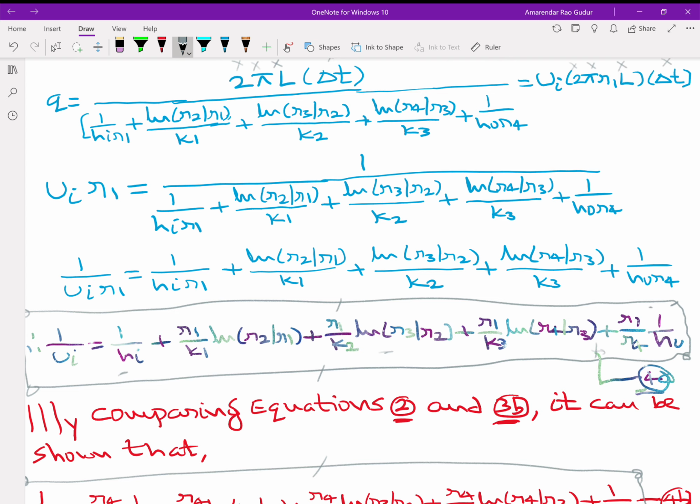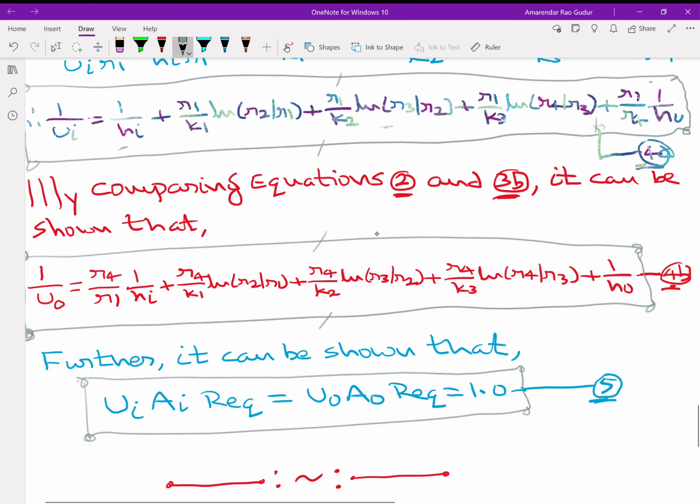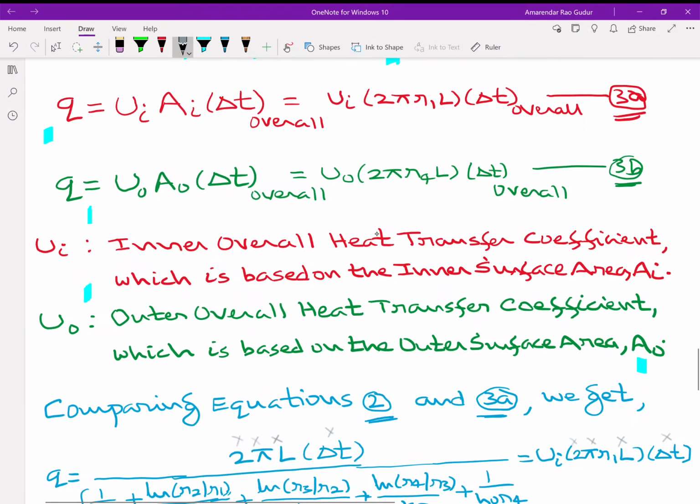And in a similar fashion, one can have a simultaneous look at equations 2 and 3b to obtain the expression for outer overall heat transfer coefficient. Both the equations are alike, but for the fact that R1 is replaced by R4. And you can see the difference between equations 3a and 3b.